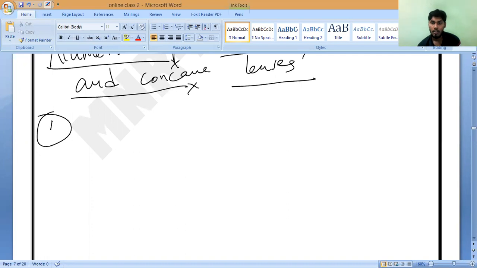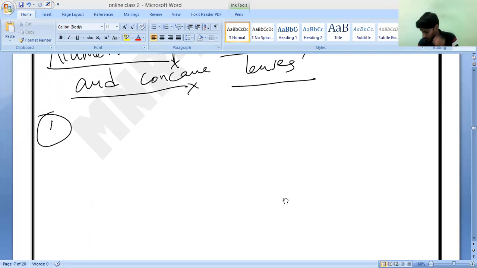Write it. First question. A convex lens of focal length 10 centimeter is placed at a distance of 12 centimeter from a wall.